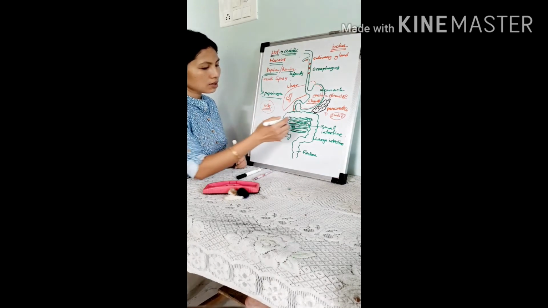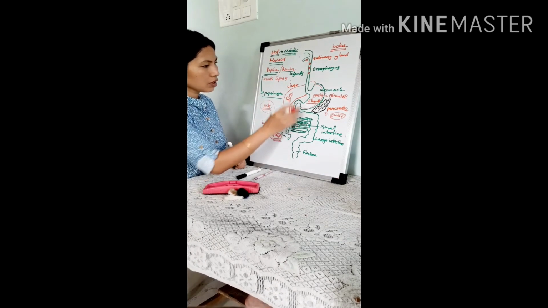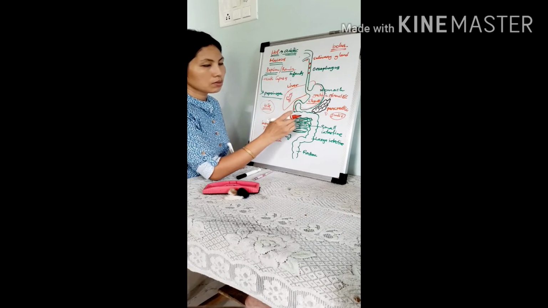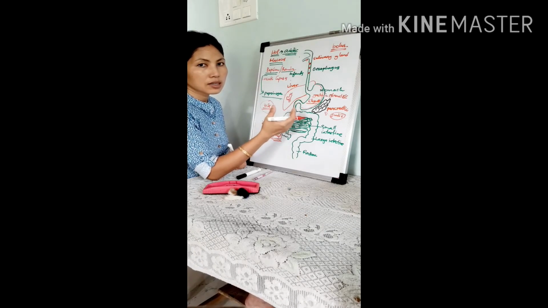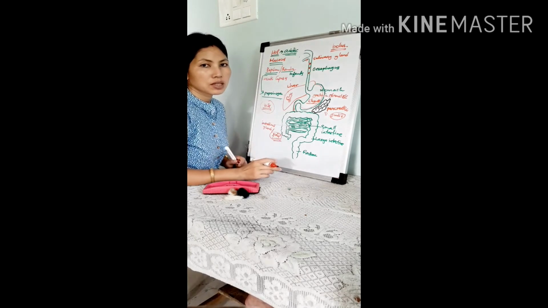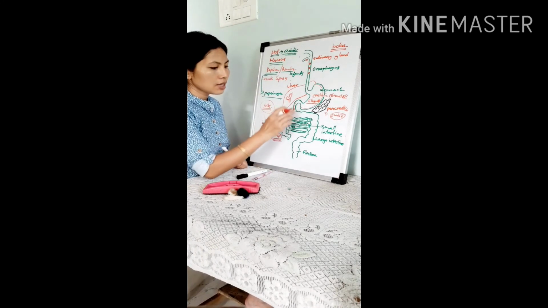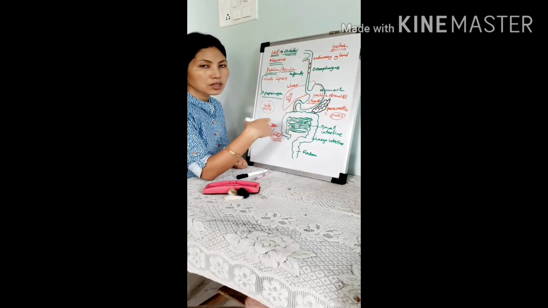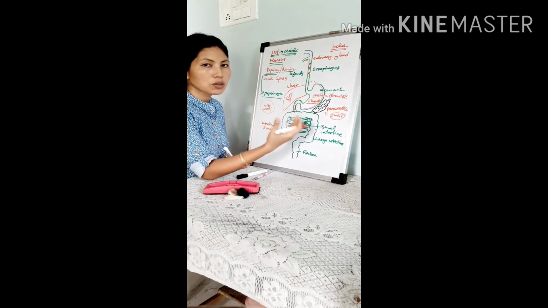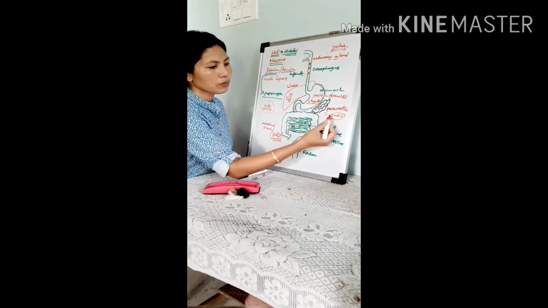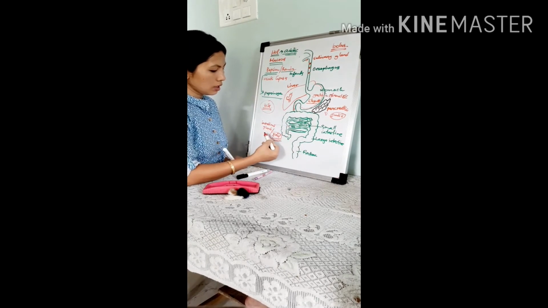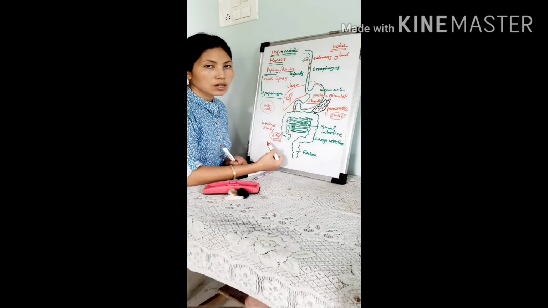So in the intestine, the food that comes from the stomach is acidic because of the hydrochloric acid present in it, right? And this acidic food needs to be neutralized and converted into its alkaline form, because the enzymes of pancreatic juice and the intestinal juice cannot act in an acidic medium, right?